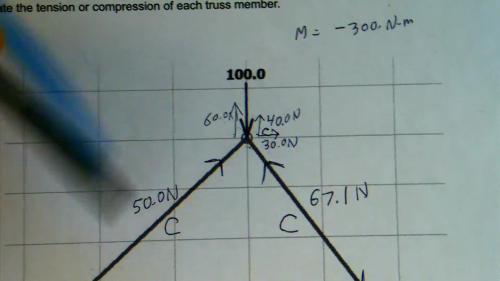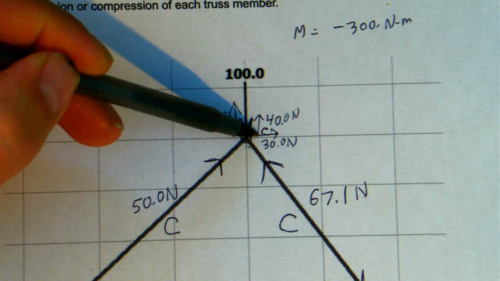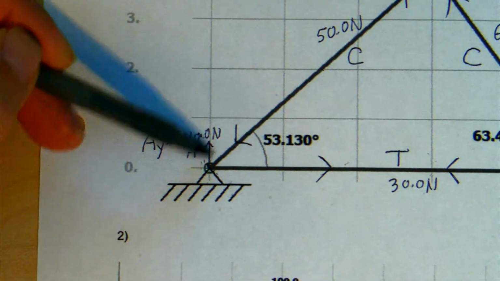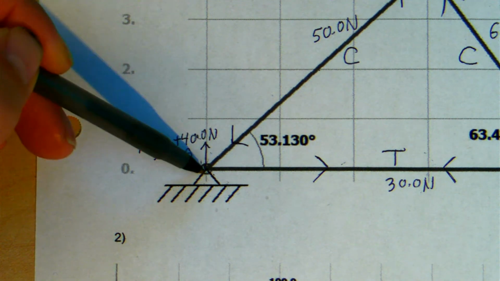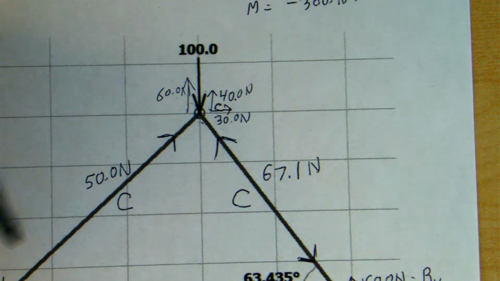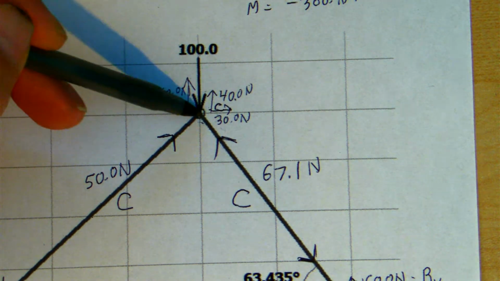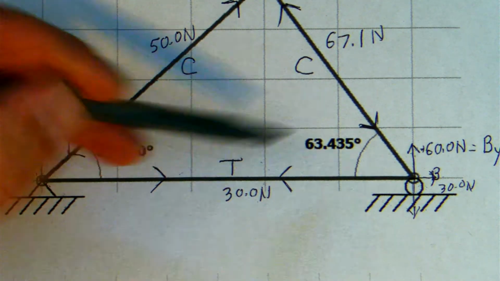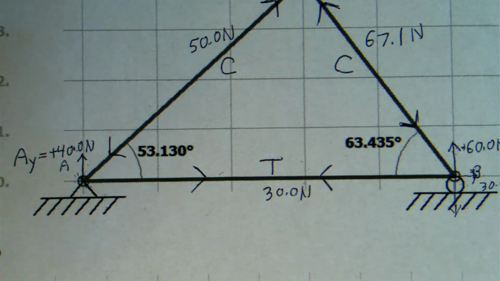Sure enough, member AC is pushing A down with a magnitude of 40 newtons, canceling the reaction force of the ground pushing up on point A. And sure enough, member AC is pushing A to the left with 30 newtons, canceling the 30 newtons of tension of member AB pulling the vertex to the right.